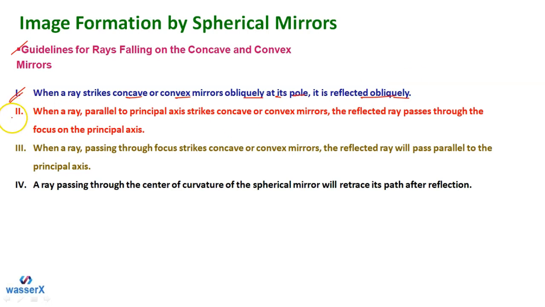Then when a ray parallel to the principal axis strikes a concave or convex mirror, the reflected ray passes through the focus on the principal axis. So it is very important. The meaning is: when a ray of light is parallel to the principal axis, let's say this is the concave mirror, and this is the principal axis, and this is the pole, and this is the center of curvature.